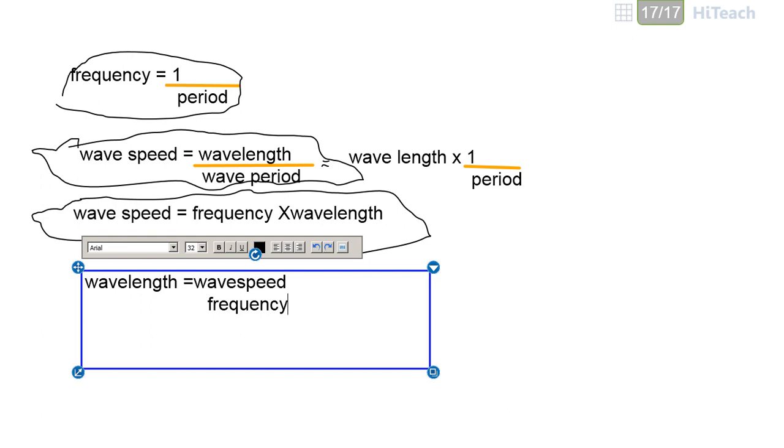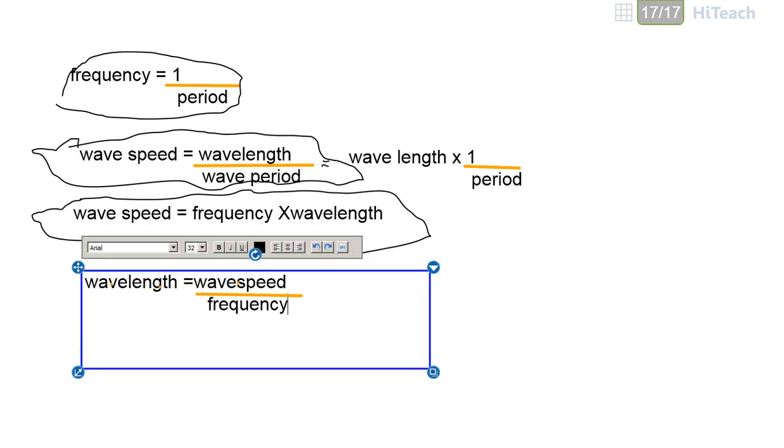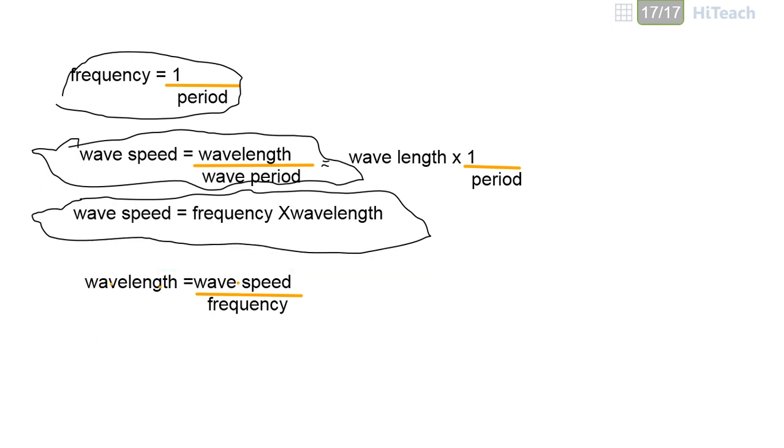So here I'm going to write them in a line: wave speed equals frequency times wavelength, and wavelength equals wave speed over frequency. So till now we took all of these equations, and depending on them we are going to solve different questions.